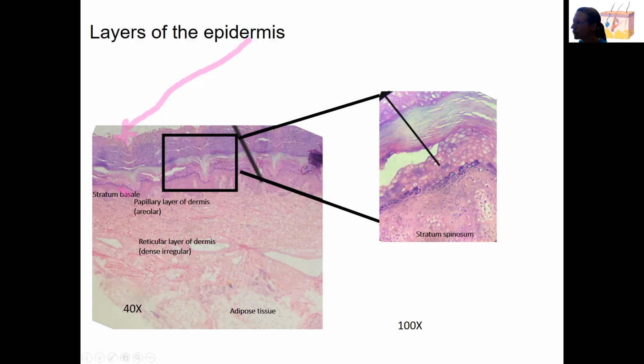So we've got the stratum spinosum there. We've got the stratum granulosum producing a whole lot of keratin, and that is visible there. Above that, we've got the stratum lucidum, that clear layer that's pretty thick on these sections. And then above that, we've got the stratum corneum. I want to go over and show that over here again as well, because that's actually a very thick layer for thick skin, very protective.